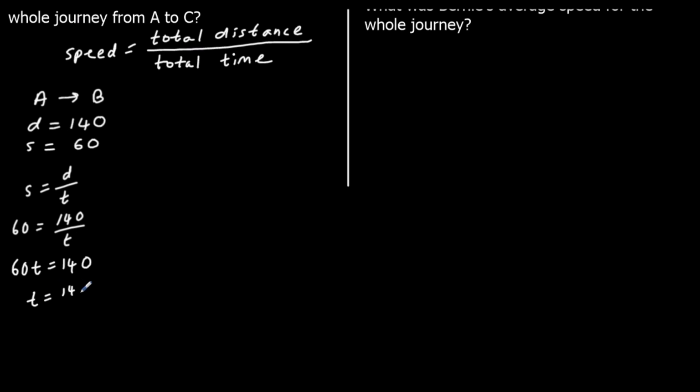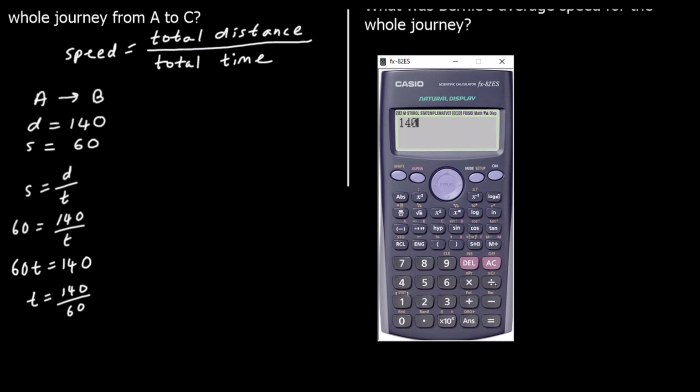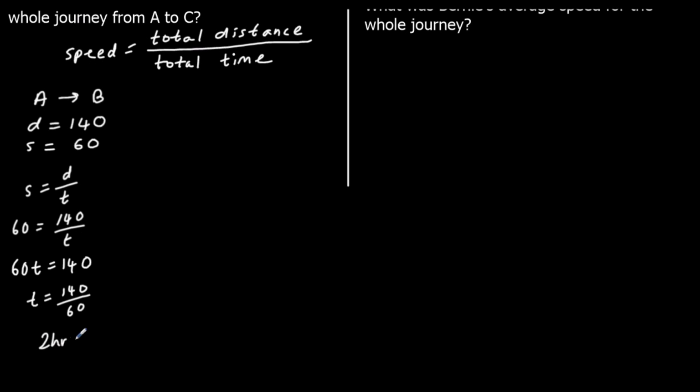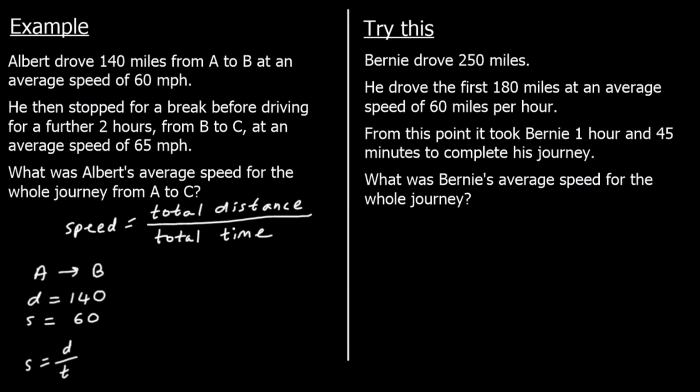So 140 over 60, which is 7 over 3, or 2 1/3. But if we press the time button, that will change it into time, 2 hours, 20 minutes. 2 hours and 1/3 of an hour is 2 hours and 20 minutes. So now we know all the information from A to B.